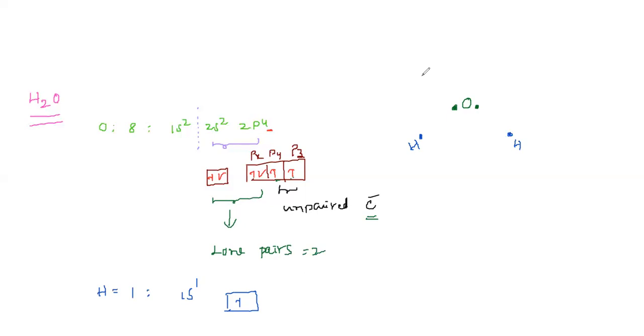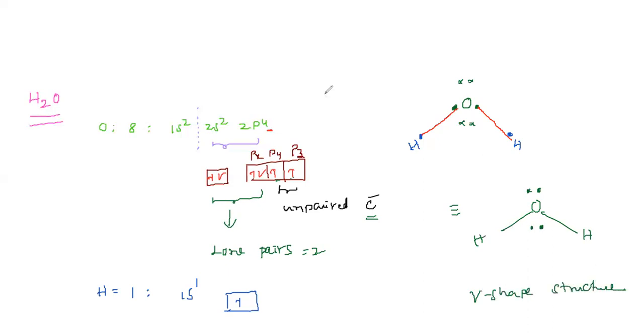This electron and this electron share, forming one bond, and this forms another bond. The remaining two lone pairs we write like this: one lone pair here, one lone pair here. The final structure is O, H, H, with one lone pair and another lone pair. This is a V-shaped structure.